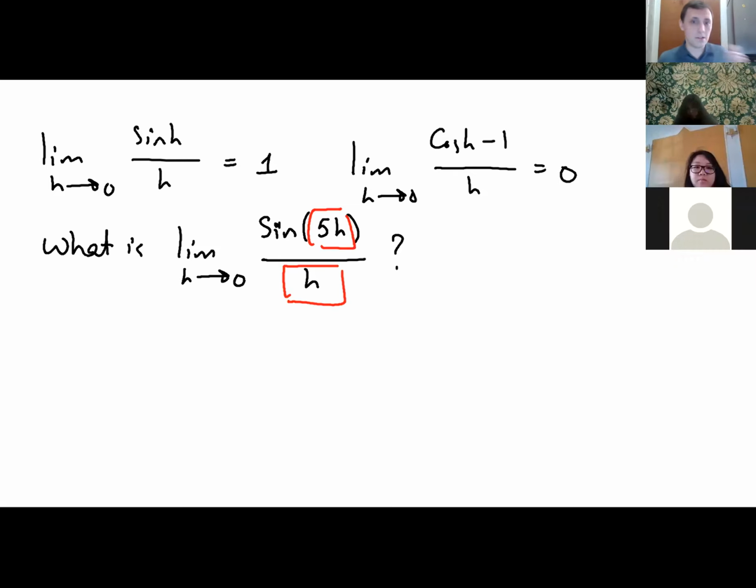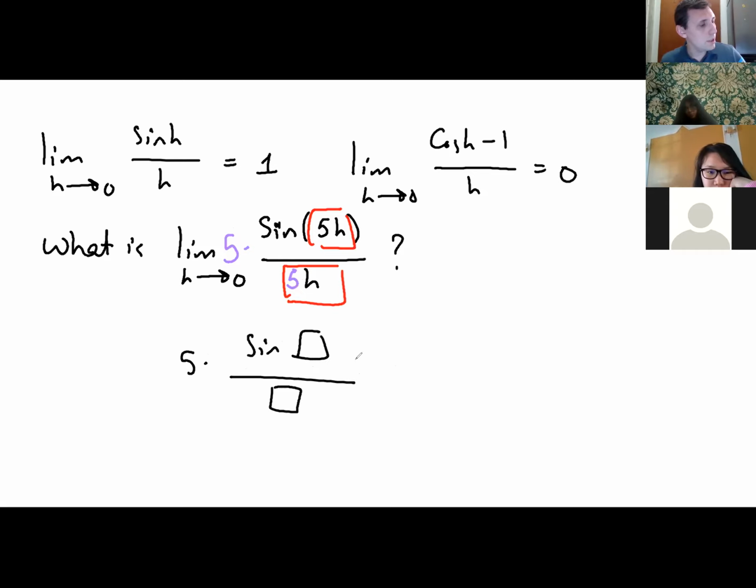Good? So this is missing a 5, but I cannot just put a 5 here. If I put a 5 here, I need to balance the expression. So it's times 5. Now, what do I get here? I get 5 times sine box over box now. And now what is that?